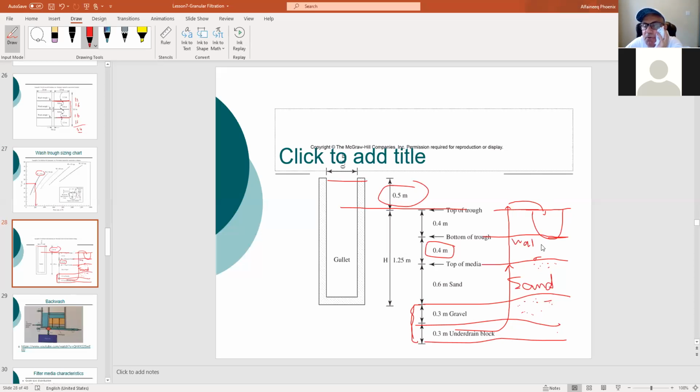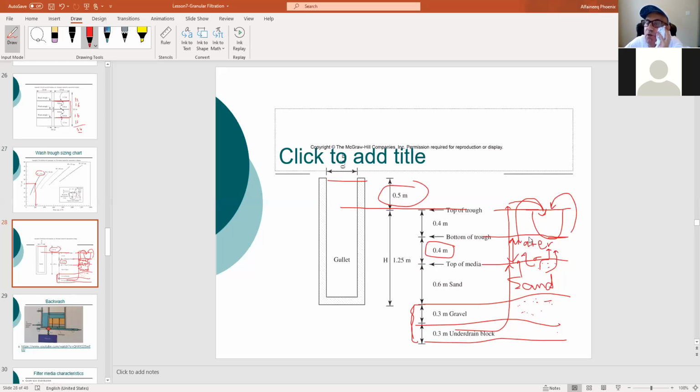Okay, water. So when you add water from beneath with pressurized air, you force these impurities to go up, right? So this layer of water is going to be dirty now, and it's the first thing that goes here. In other words, when you expand your bed, your sand should not get inside the trough.